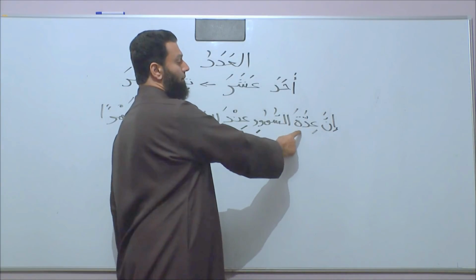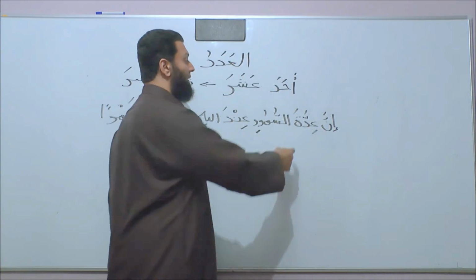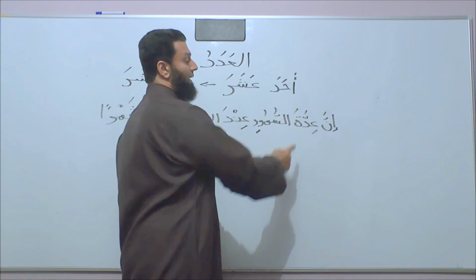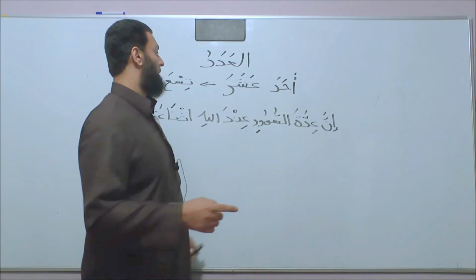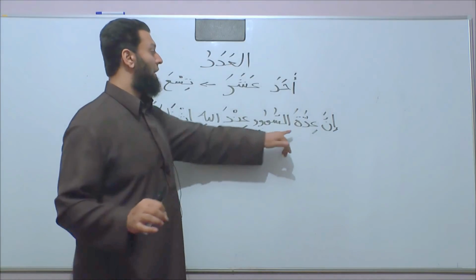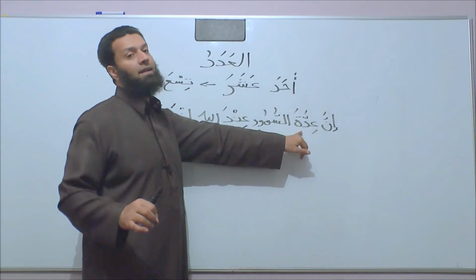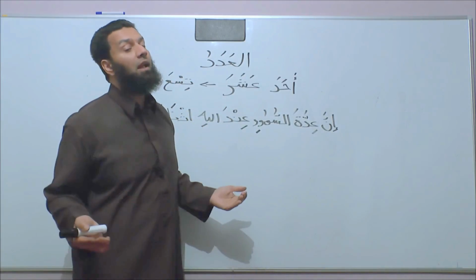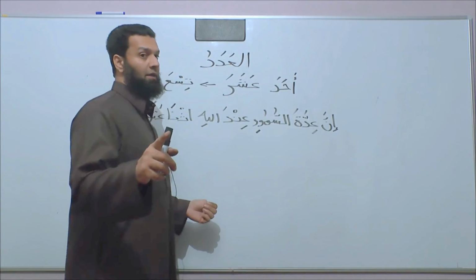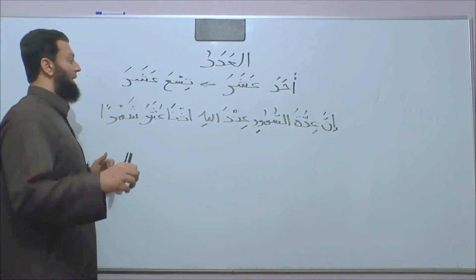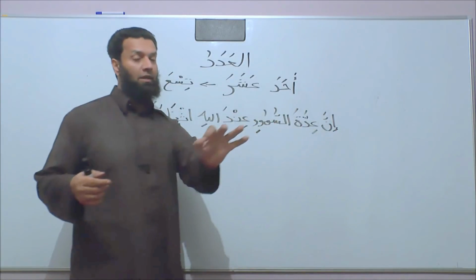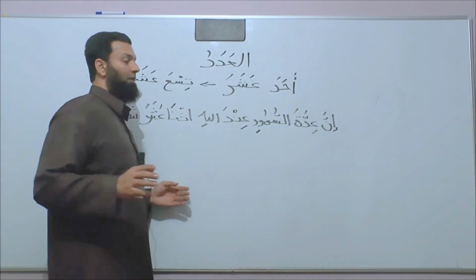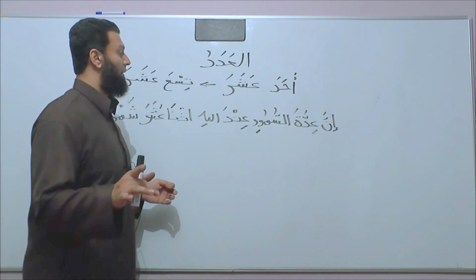Idda. The mubtada'u is idda, number. Right? So, if idda is al-mubtada', what is al-khabar? Think. What is going to be al-khabar? What's the information connected to number? It's not that difficult actually when you think about it.